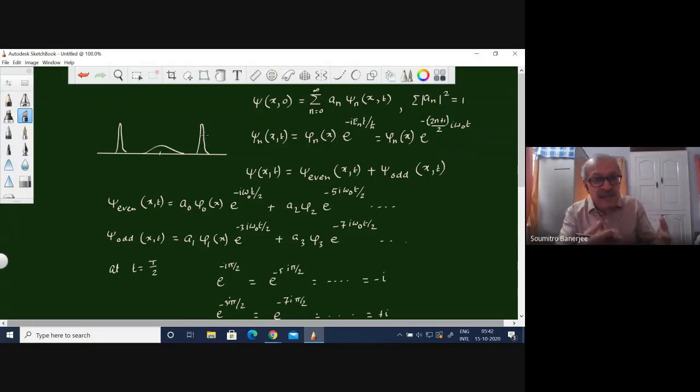But the uncertainties also evolve in time. If you actually do calculate that, you will find that they evolve like a cosine function, increasing and decreasing. So the uncertainty in x will increase and decrease, the uncertainty in p will increase and decrease, but with the condition that when the uncertainty in x is maximum, that in p should be minimum.